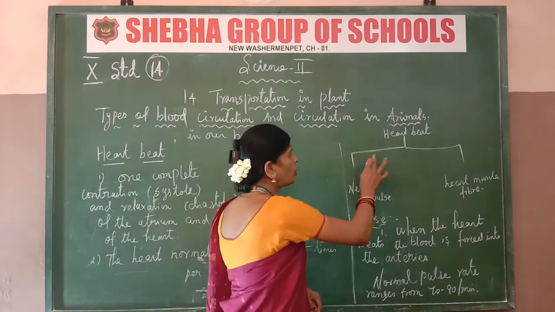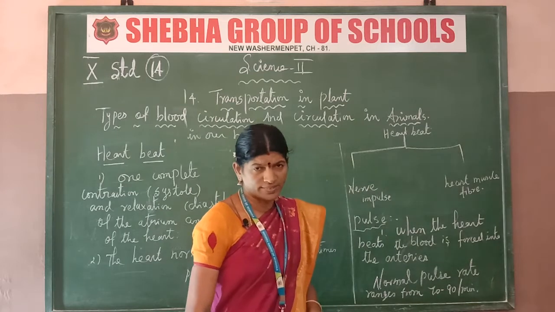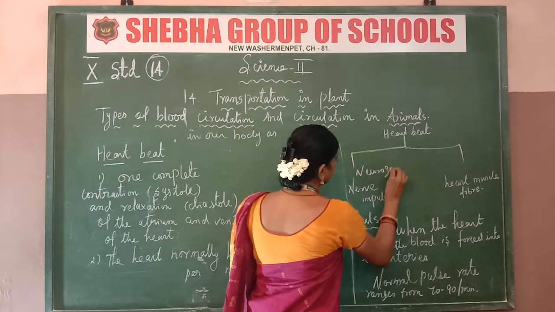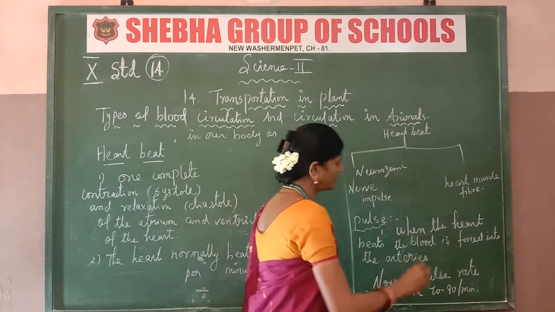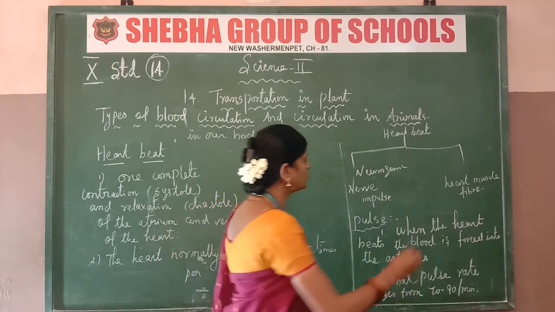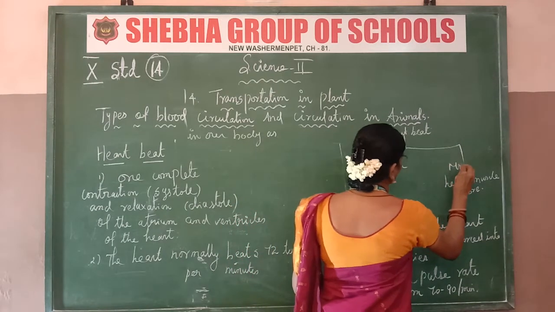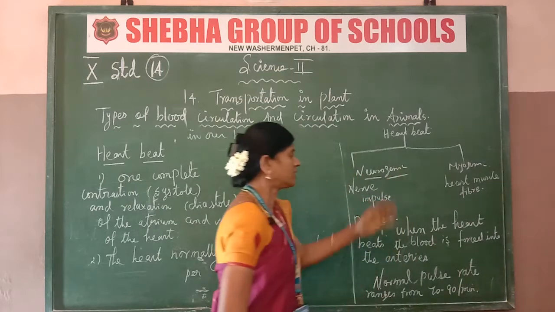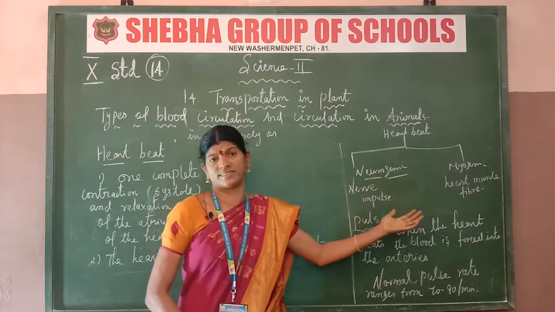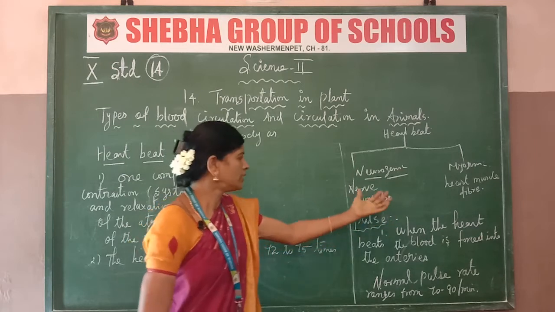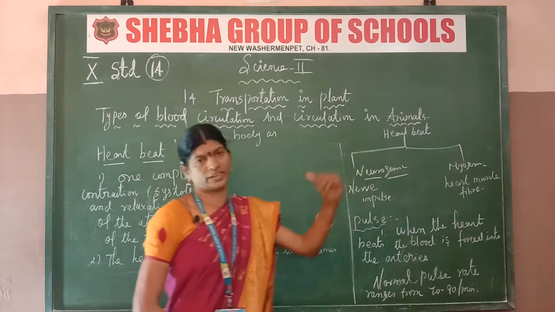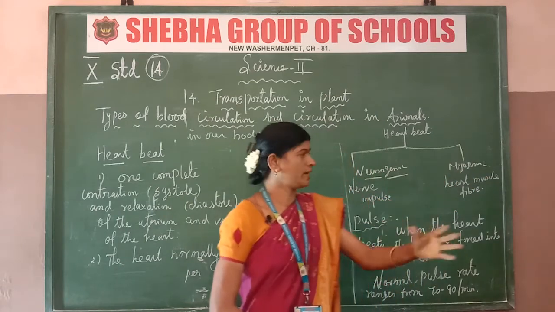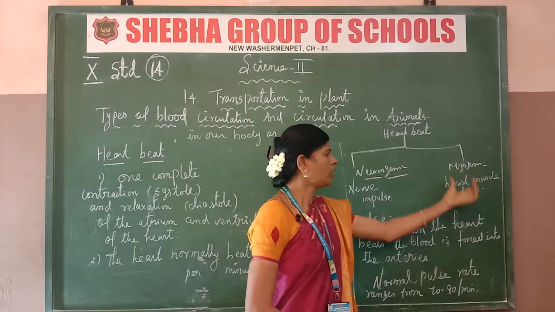There are 2 types of heartbeat. One is neurogenic, and the other one is myogenic. What is neurogenic? That is caused by nerve impulses. The nerve stimulates the heartbeat with nerve impulses, which is neurogenic. Another one is the heart muscle fibers, which is myogenic.